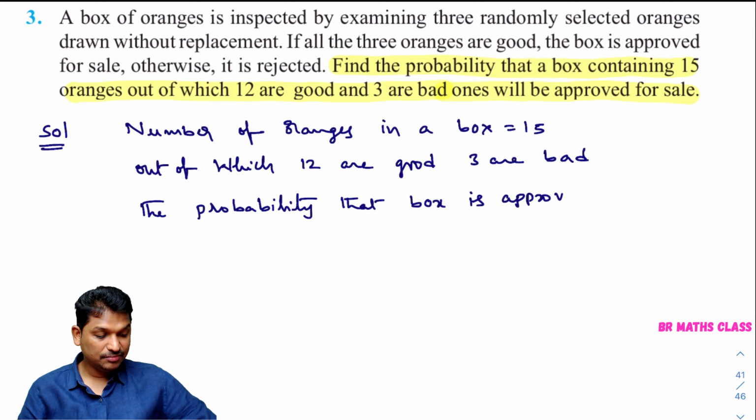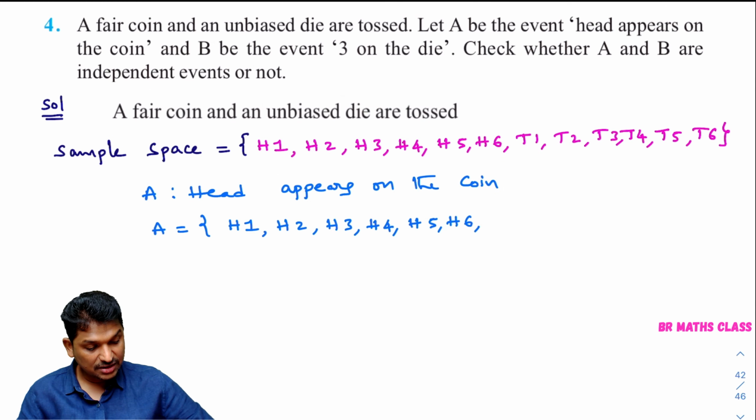Head appears on the coin. Look here. These are the results in which head appears on the coin. In these others, head is not appearing on the coin. Sorry, this is event A.